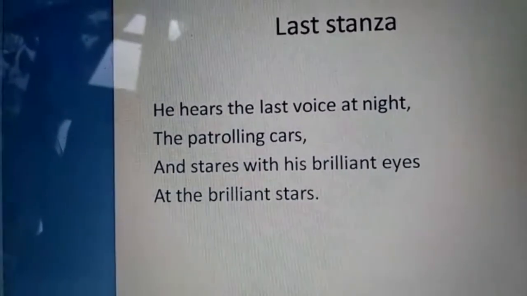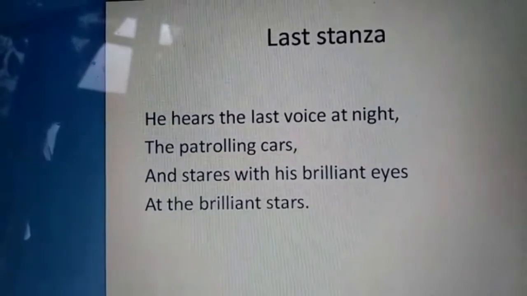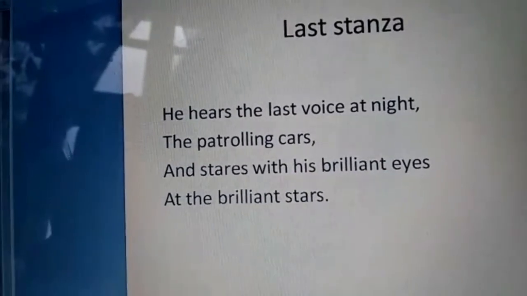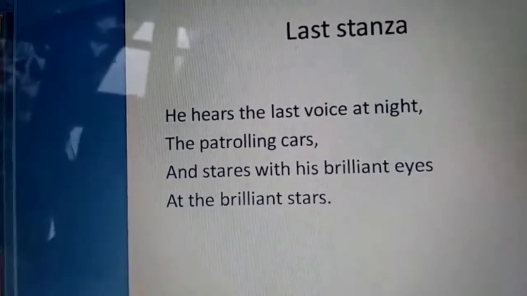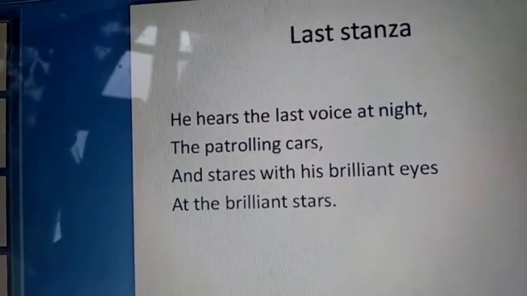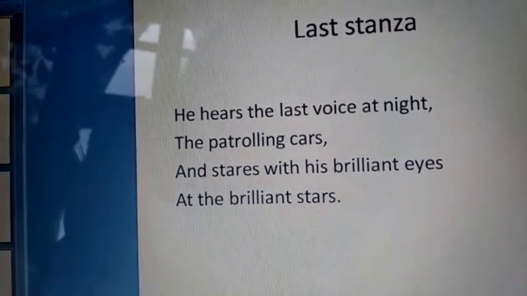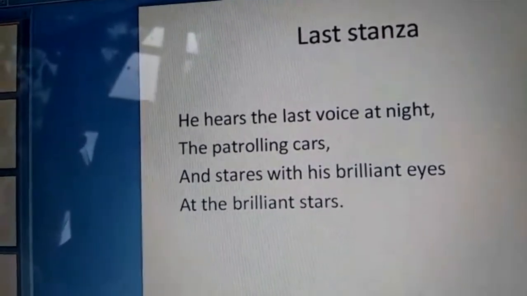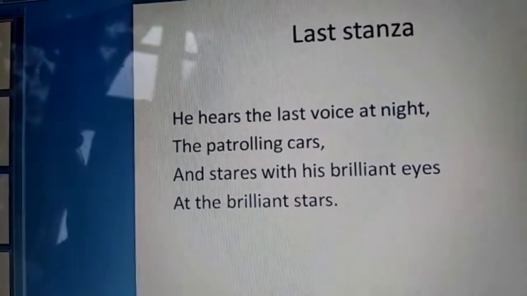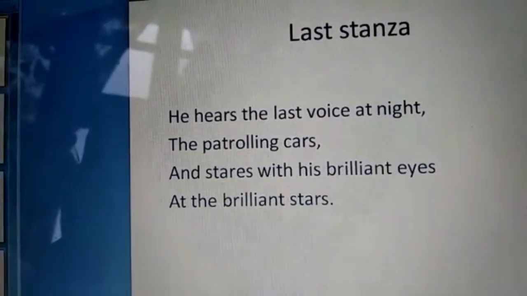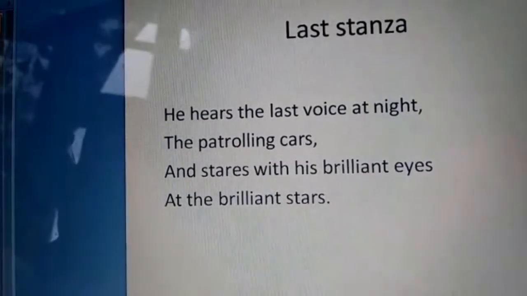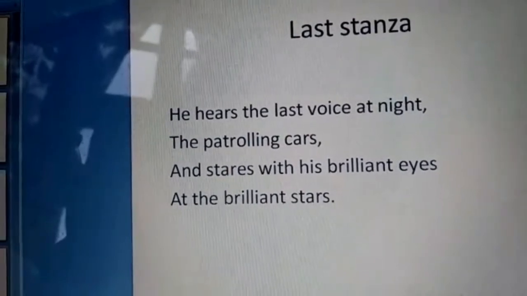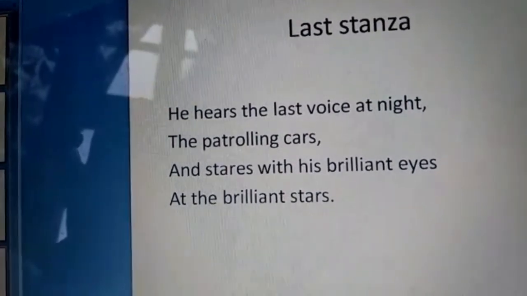So children, as of today, we have seen the words on the page, you have analyzed the poem, interpreted it and seen the poem as it is. In tomorrow's class, we are going to go into the detail of the poem, look into the images and give more critical analysis. So please go through the lines once again, go through the words. If there is any difficult word, consult a dictionary, find the meaning, and be prepared for the next class.